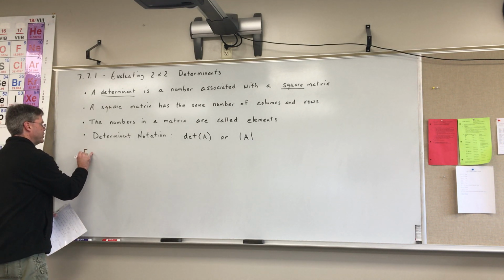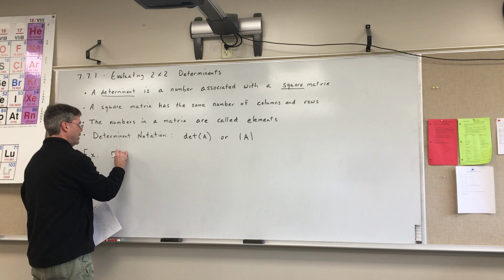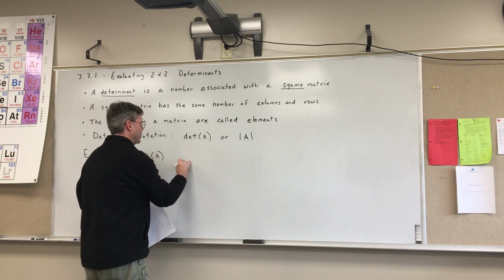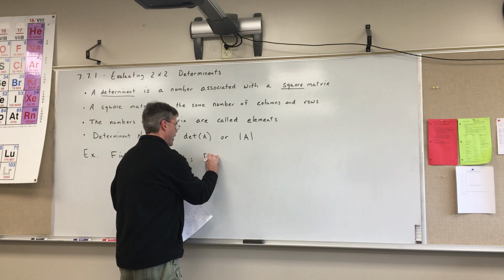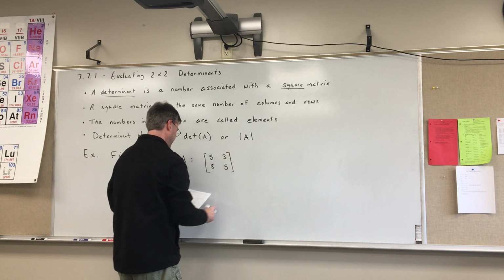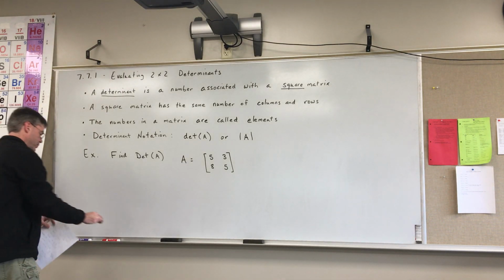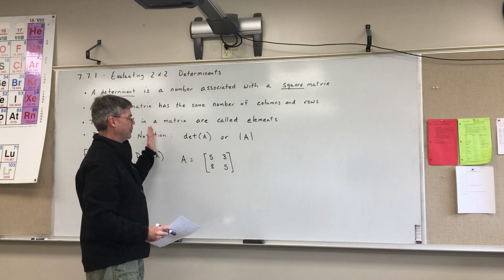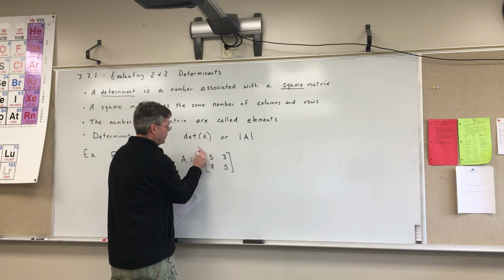All right, so our first example is find the determinant of matrix A. And matrix A is equal to 5, 3, 8, 5. All right, so you want to think of this in terms of diagonals. You're going to do the left diagonal, meaning I'm going from left to right.